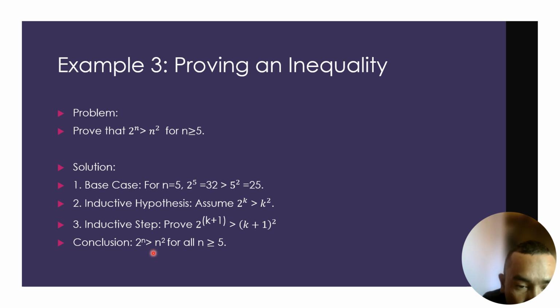The conclusion shows that 2 to the power n is greater than n square for all n greater than or equal to 5.